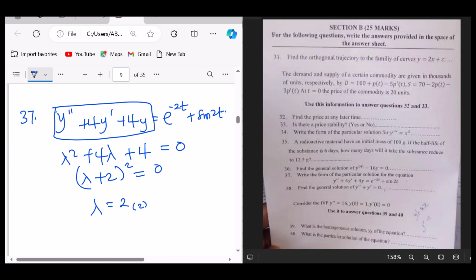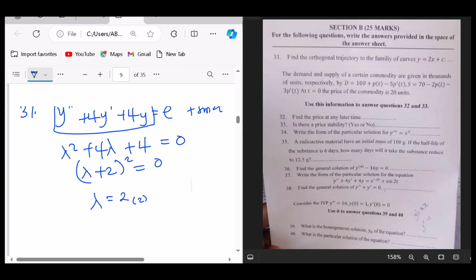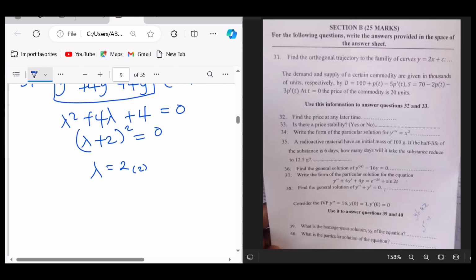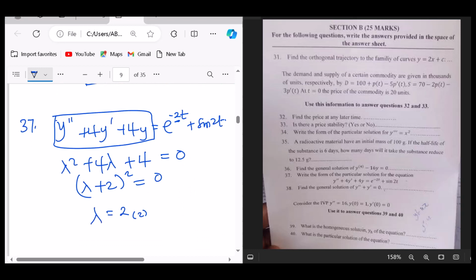Let me check the sign again. Yes, it is actually negative 2.